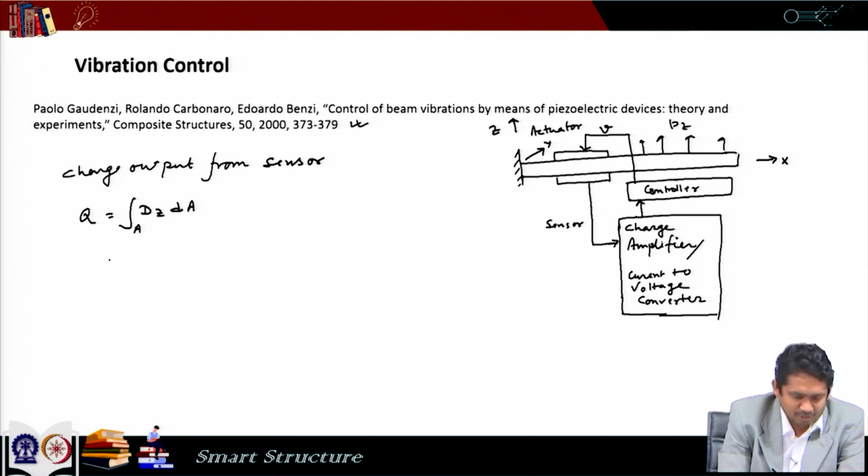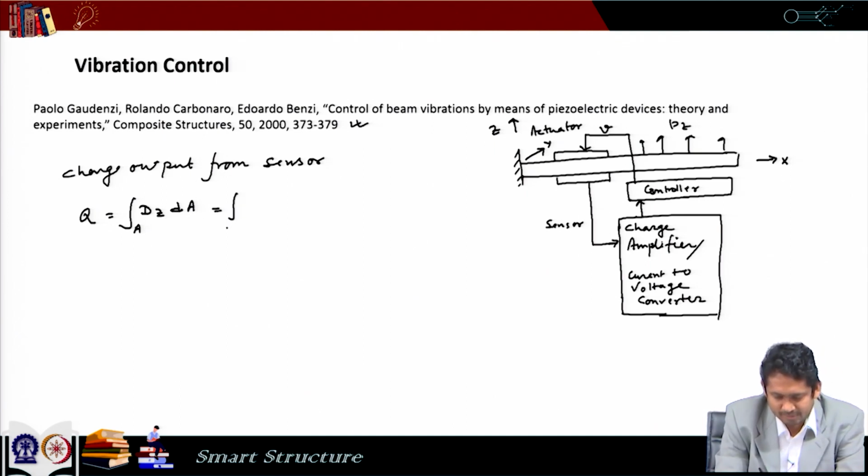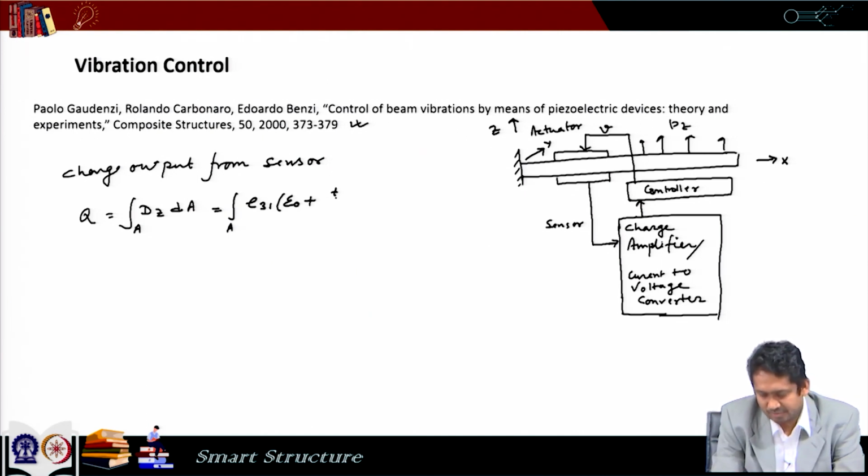Now, the charge output Q is E31 of the piezoelectric material multiplied by the strain.